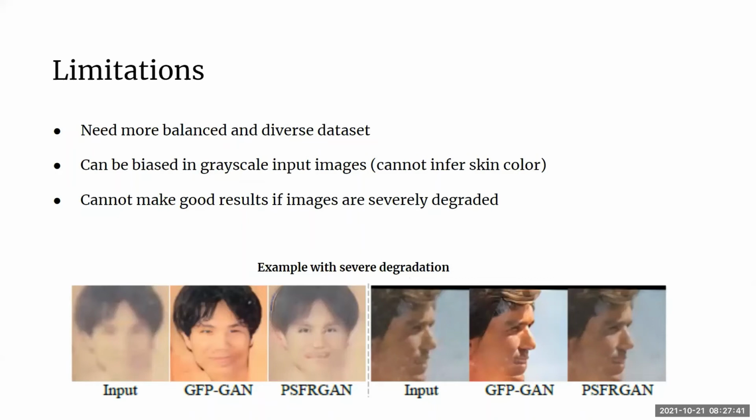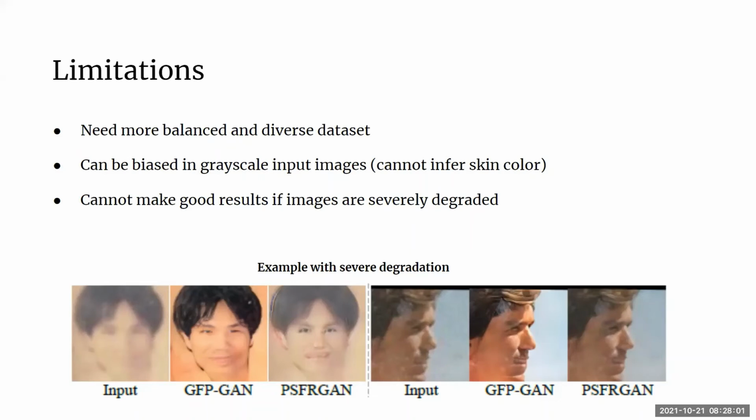Because of the lack of that, two problems are arising. The first is that the grayscale images are not biased, so it cannot infer skin color, and it needs a more representative data set.